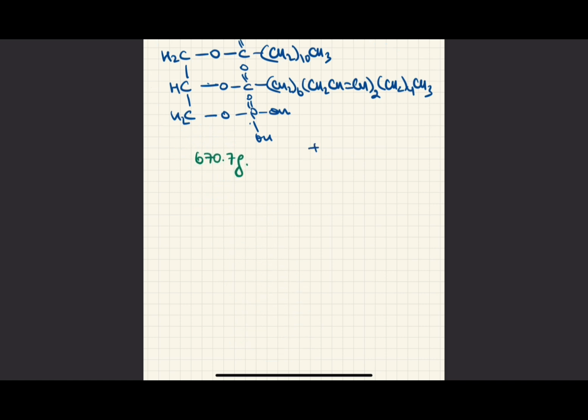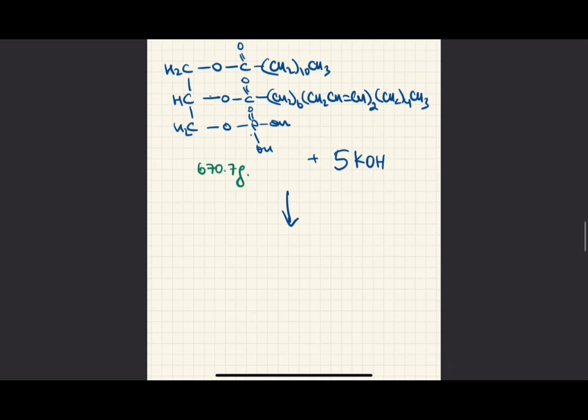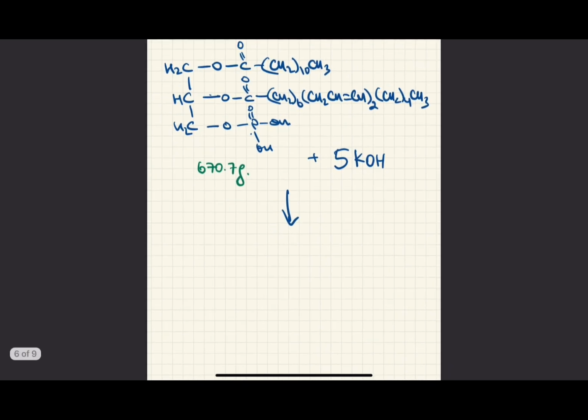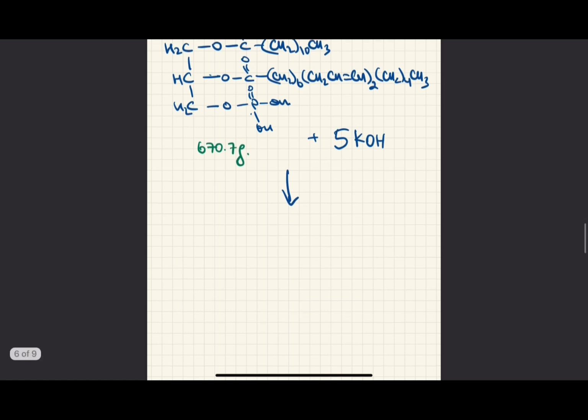We're gonna use potassium hydroxide, and you know that we need to use 5 mole of it according to our question. And then what you need to get is the alkaline hydrolysis product. In this case, you're going to get your glycerol back, H2C, CH, CH2, OH, OH, and OH.